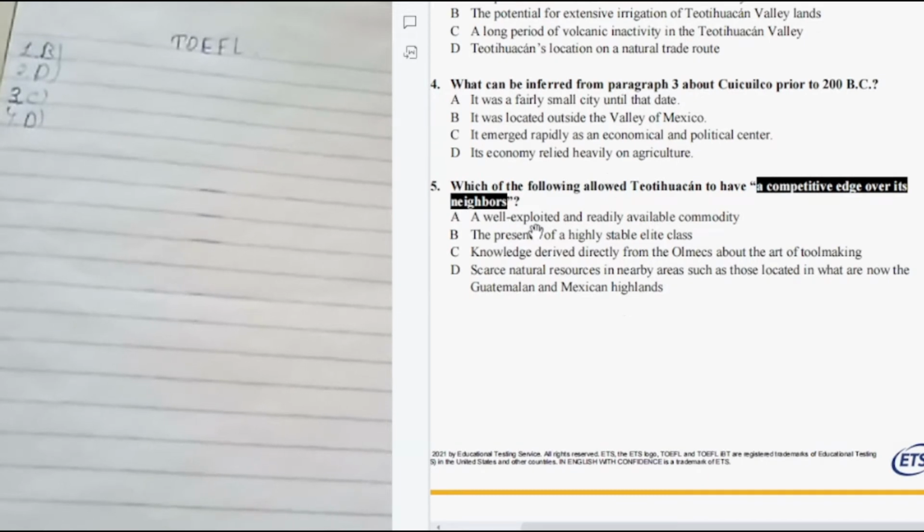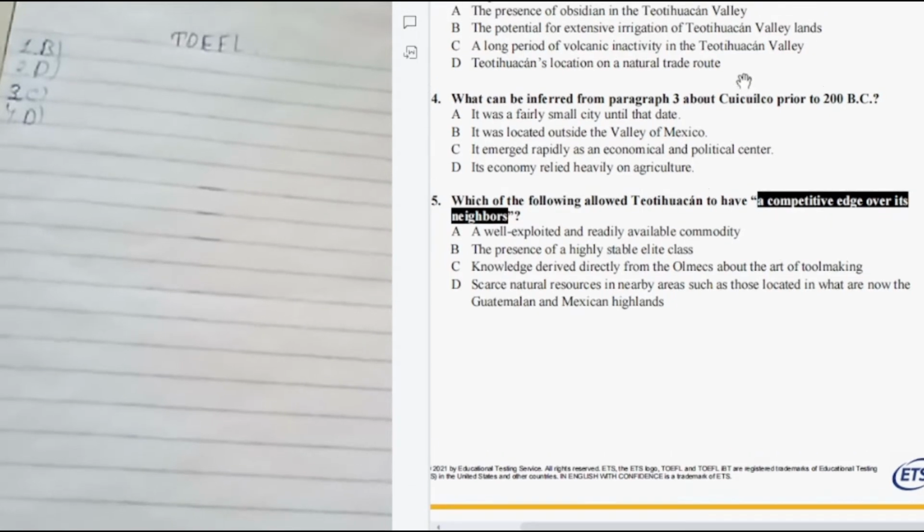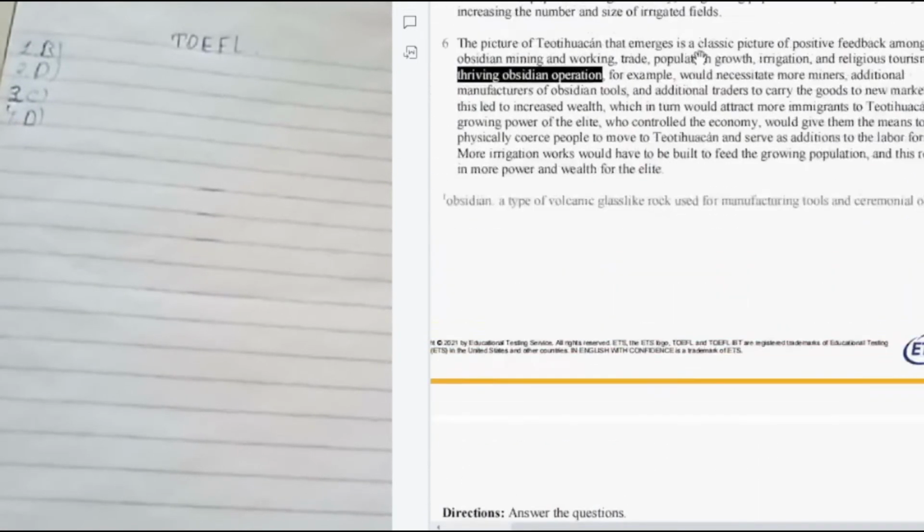A well-exploited and readily available commodity, the presence of a highly stable elite class, knowledge derived directly from the Olmecs about the art of toolmaking, scarce natural resources in nearby areas such as those located in what are now the Guatemalan and Mexican highlands. Which of the following allowed Teotihuacan to have a competitive edge over its neighbors? Let's go.